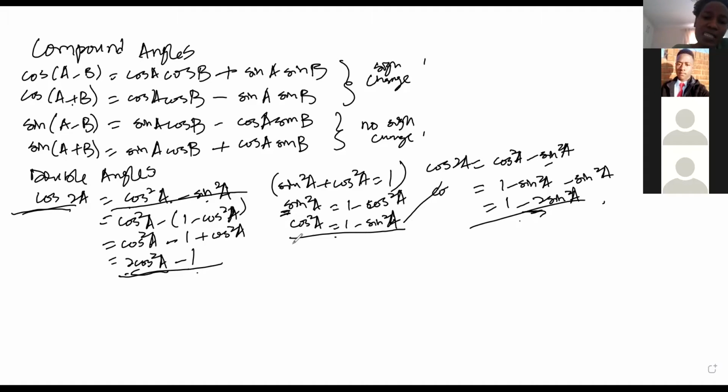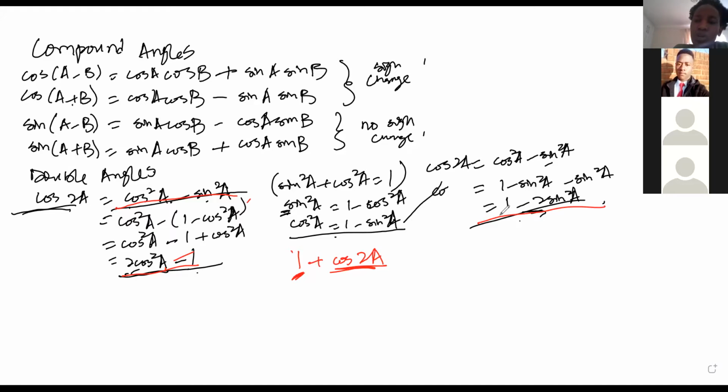Let's say you are given 1 plus cos 2A, and they say simplify. Which one are you using? It's useful to choose the option that will eliminate the constant. This is a constant here. So let's look at the option that will end up canceling this constant, which is 1.